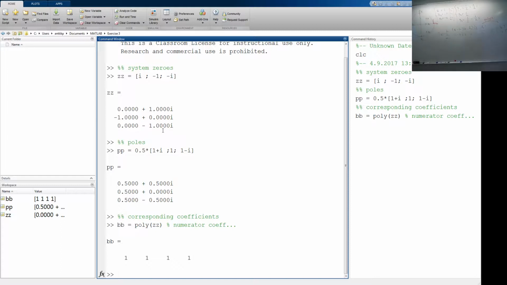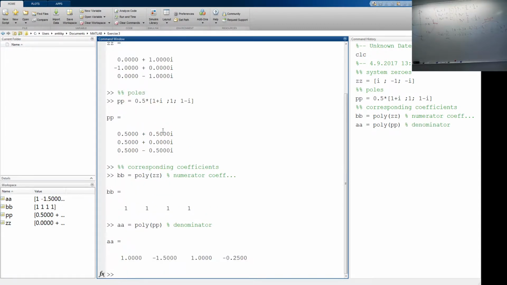So numerator coefficients, or the multipliers of the input term, and then the denominator coefficients A equals polynomial of P there. That's nice. Easy to remember numbers, and as you can see they are all real numbers because I selected complex conjugate pair. Good. So A and B are there.